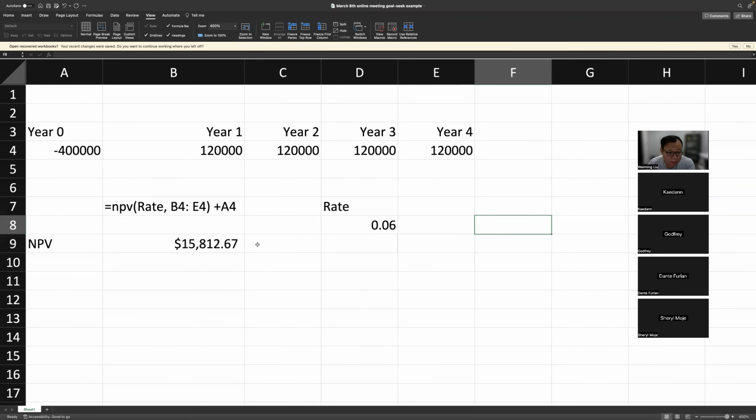So this cell, net present value, is linked to this cell through a formula, okay? The formula is like this, okay? The first parameter of the net present value is rate. That's why these two cells are linked. So now I can use the goal-seek analysis.